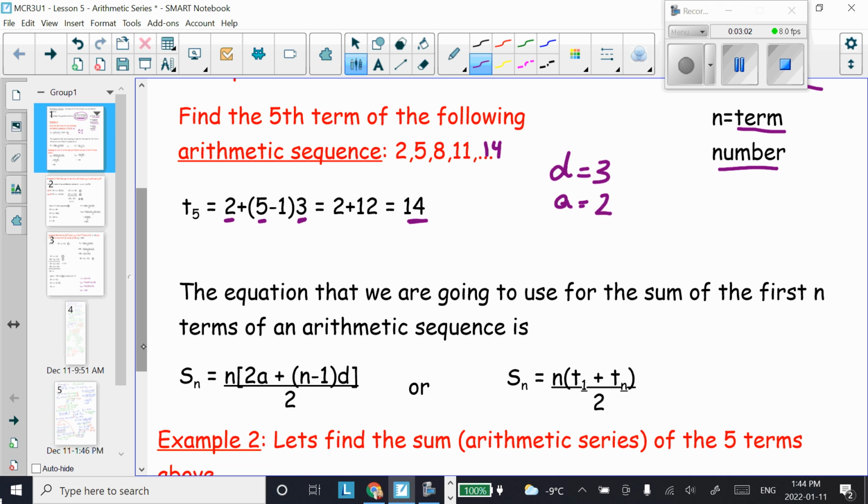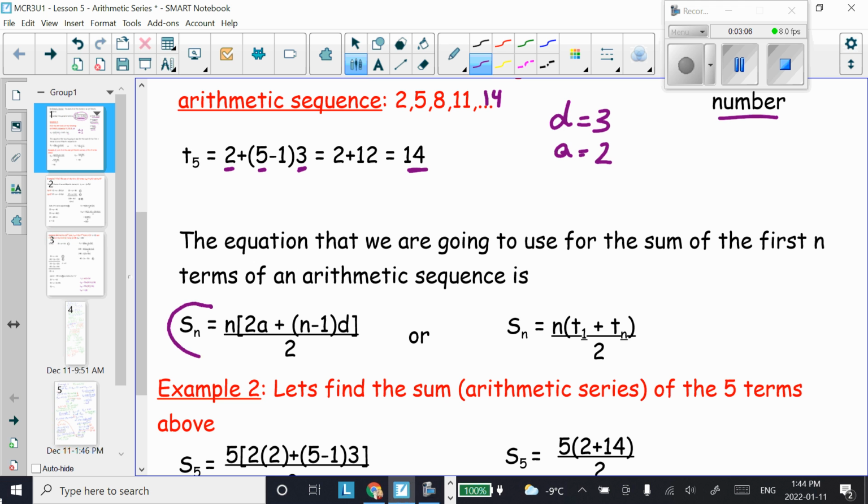I want to be able to check our answer, so I picked an easy one on purpose. This equation here is what we are going to use to find the sum of those values. If you add all those terms up, you're going to get 40. We're going to use this equation to see if we get the same answer.